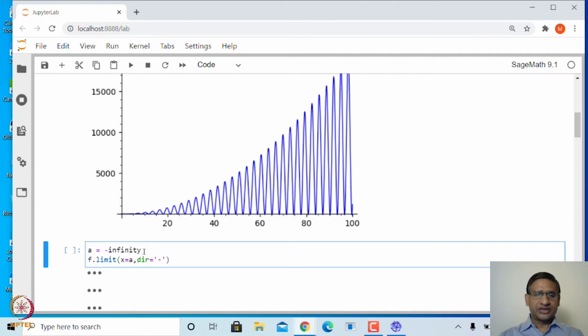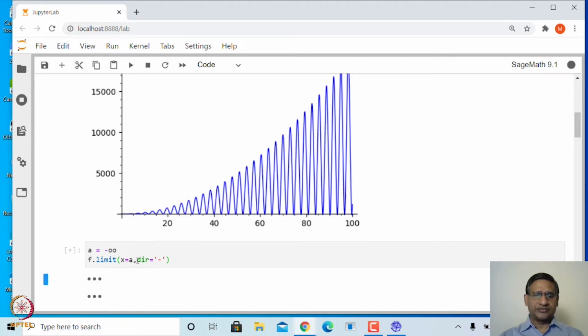Instead of minus infinity, you could also write minus oo, that also is infinity, and here dir equal to inside single quote minus means it is the left hand limit. So, this is the left hand limit of f at x equal to minus infinity, and it takes a little time, but let us see.